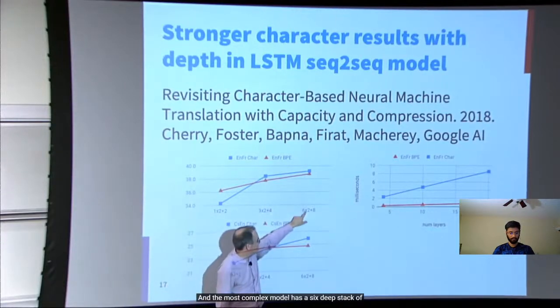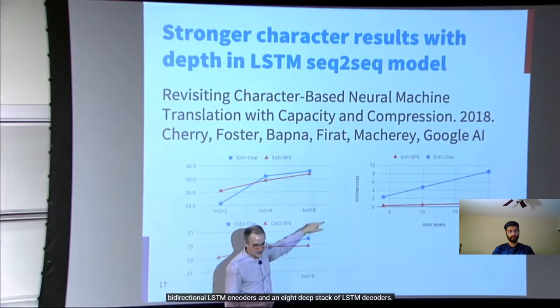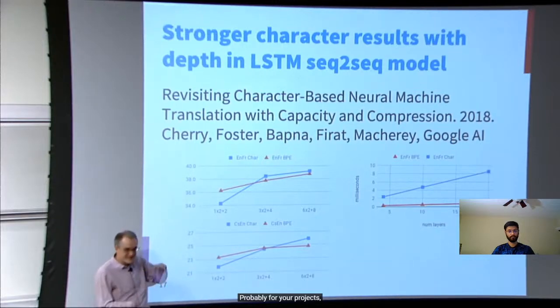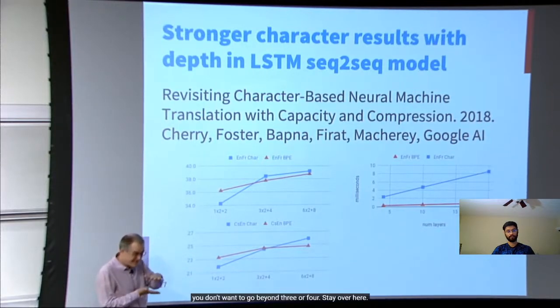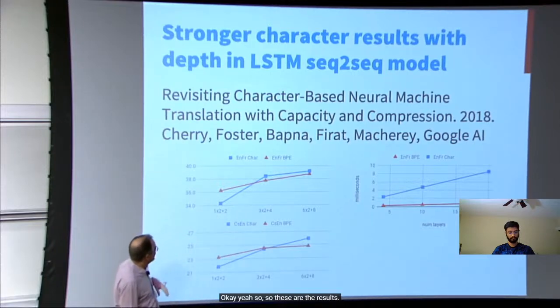And the most complex model has a 6-deep stack of bidirectional LSTM encoders and an 8-deep stack of LSTM decoders. This is where it helps to work at Google. Probably for your projects, you don't want to go beyond 3 or 4. Stay over here. Okay, yeah, so these are the results.